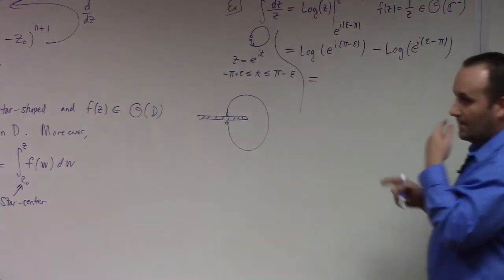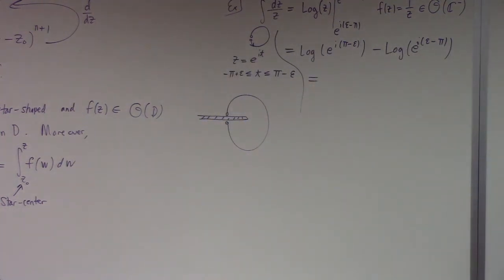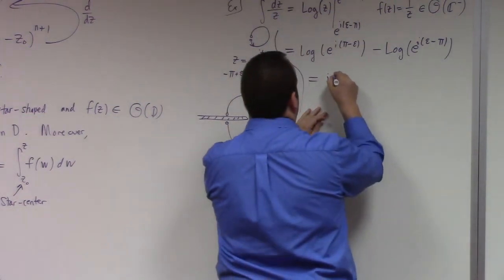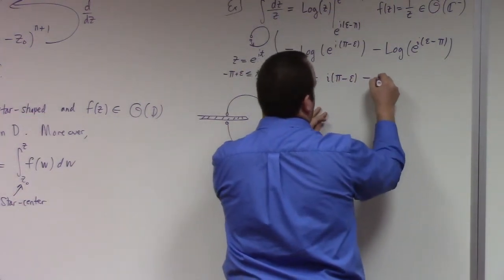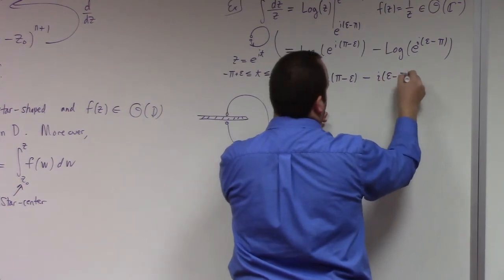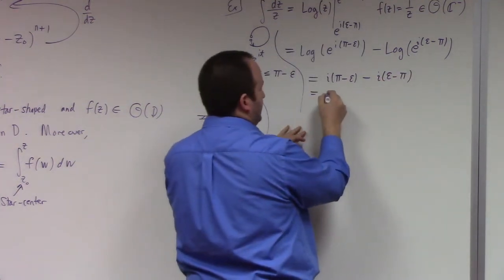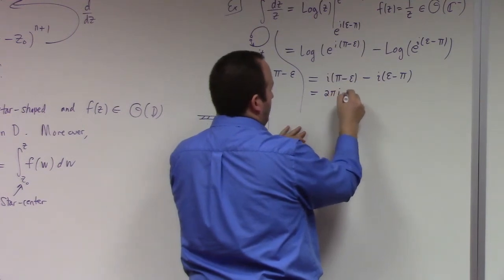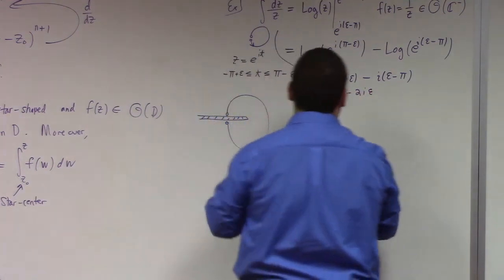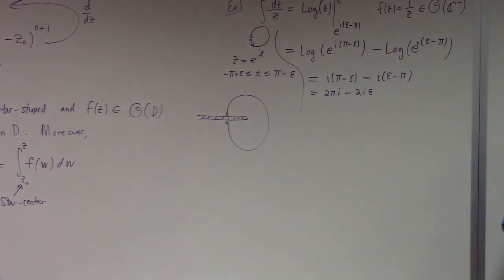So what's this and what's this? i(pi minus epsilon) minus i(epsilon minus pi), right, which we could rewrite as 2 pi i minus 2i epsilon. So then the integral only has an imaginary part. Its real part is equal to 0. Indeed, yes, that is true.